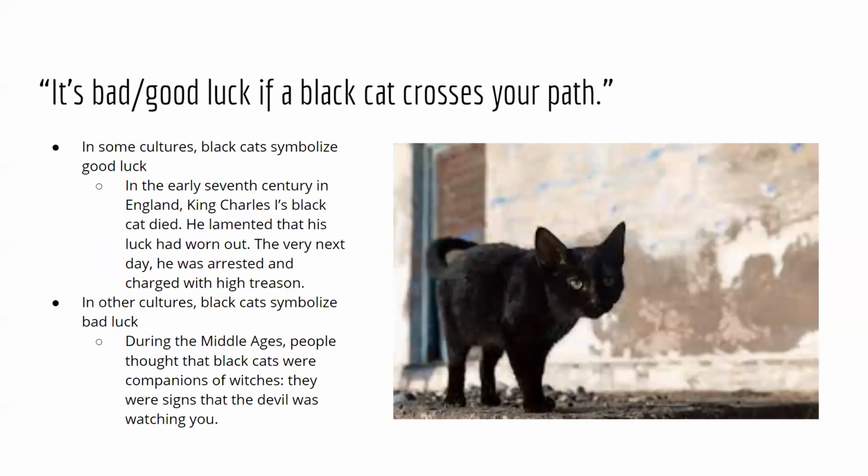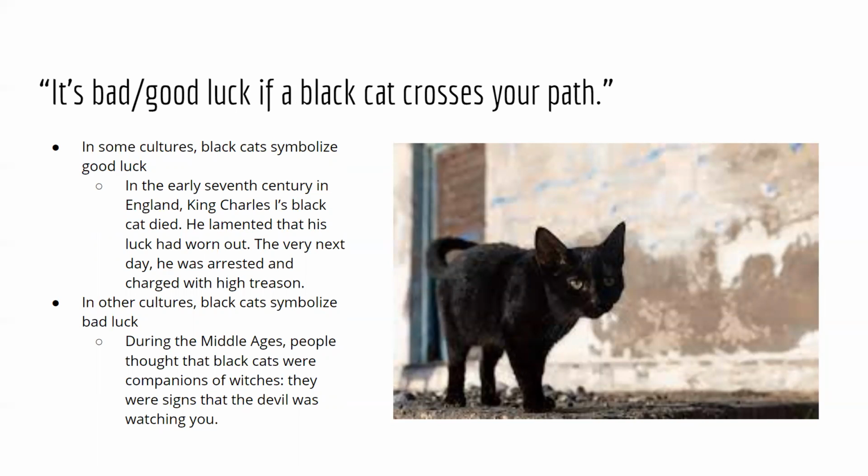The second superstition is it's bad luck or good luck if a black cat crosses your path. In some cultures, black cats symbolize good luck. An example of this is in the early 17th century, in England, King Charles I's black cat died, and he lamented that his luck had worn out. Coincidentally, the very next day he was arrested and charged with high treason.